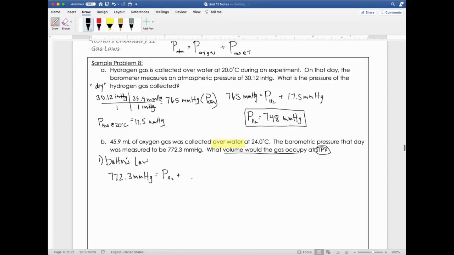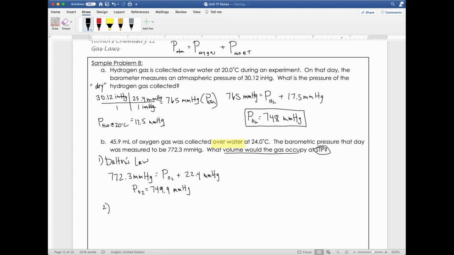So I'm going to add 22.4 to this right here, millimeters of mercury. If I solve for the partial pressure of oxygen, you should get 749.9 millimeters of mercury.